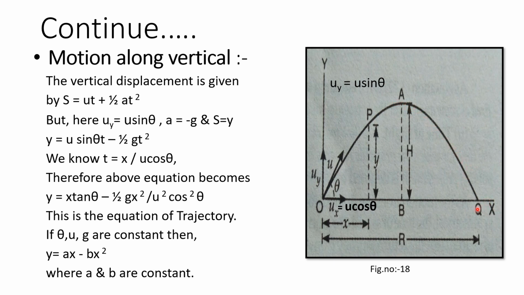It means that when the body is thrown in the air, it is neither moving in a horizontal direction nor in a vertical direction, and it makes some angle with the horizontal direction, and the path of the projectile is a parabola.